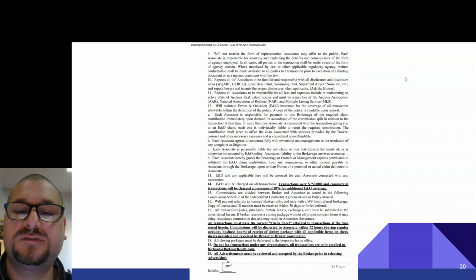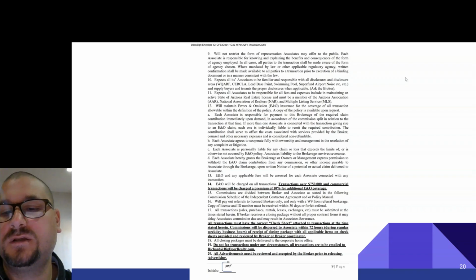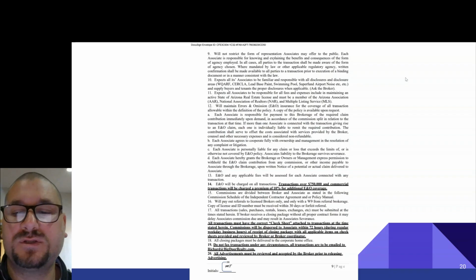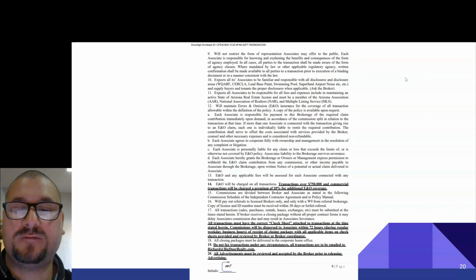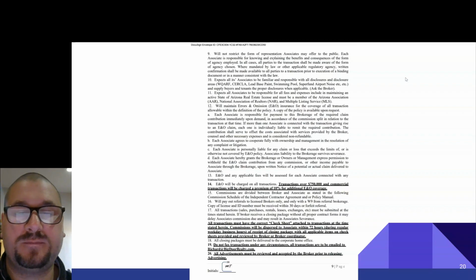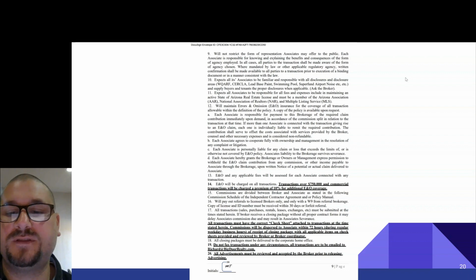If broker receives a closing package without all proper contract forms, it may delay associates' commission due and may result in associates' severance. All transactions must have the correct check sheet attached to transaction at the time stated herein. Commissions will be dispersed to associate within 72 hours.